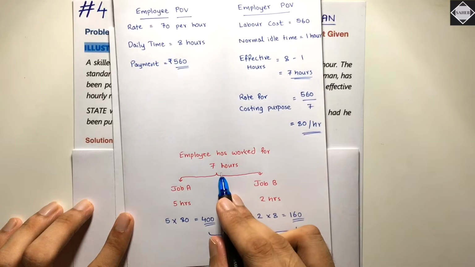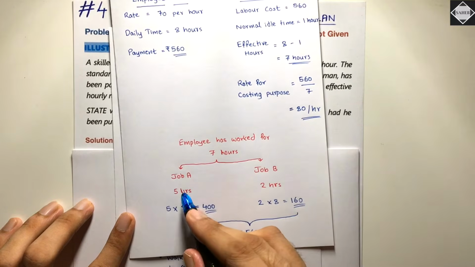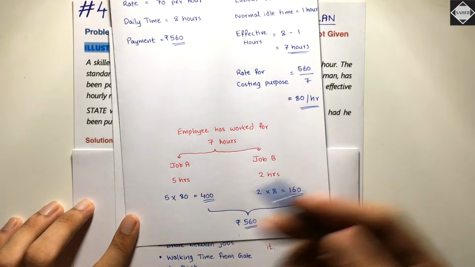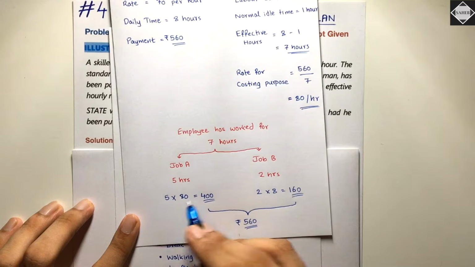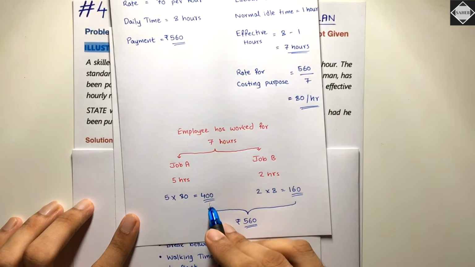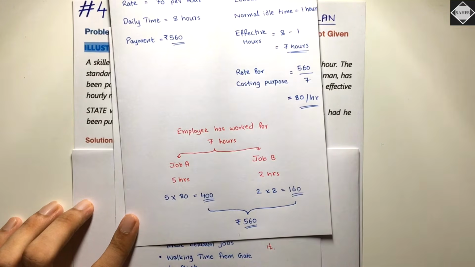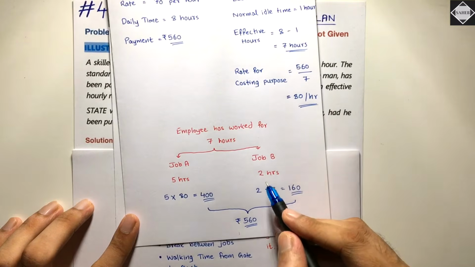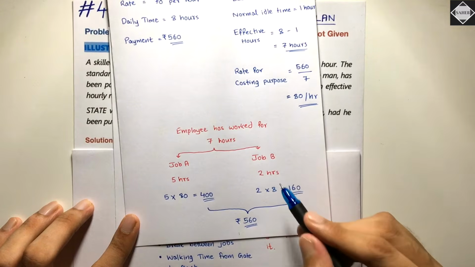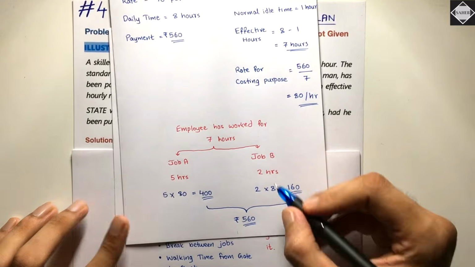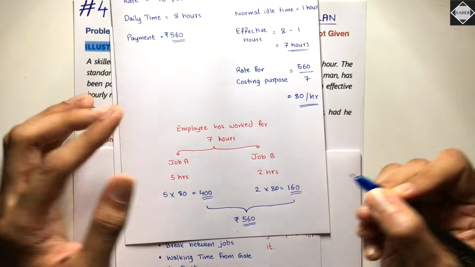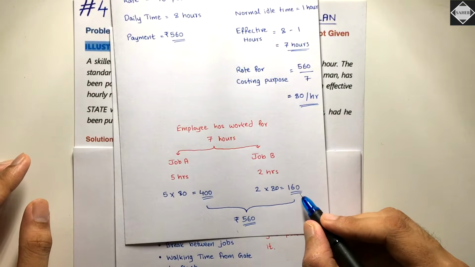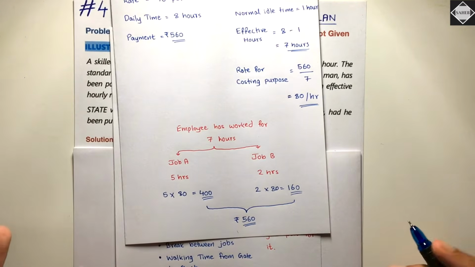So employee has worked for 7 hours, and let's just say on job A he has worked for 5 hours. So what you will do? 5 hours into 80. So that's equal to 400. So you have properly allocated the cost. See here, let's just say on job B he has worked for 2 hours. So 2 hours into 80, so that's equal to 160 rupees. In total, it's equal to 560.